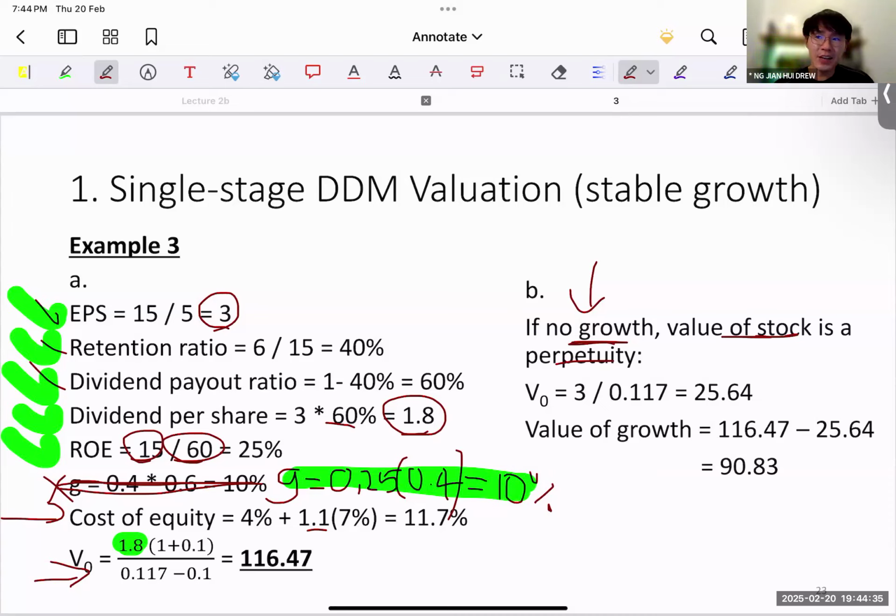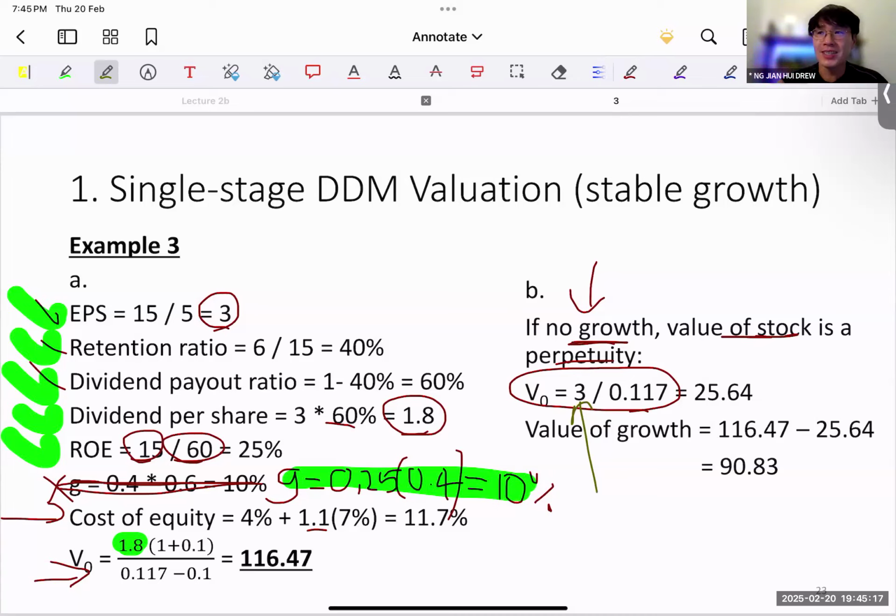So when they ask you what's the value of growth, since in part A we calculated the firm with a growth, now let's assume there's no growth, we take a perpetuity, right? And question, how do we get 3 here? Why is it 3? Yeah, correct. Earnings per share. Because when there's no growth, 100% of your earnings is being paid, right? So again, can you see the concept? Yes, all is being paid out. So it goes back to the characteristic of no growth. This is the question that I want to highlight to you.